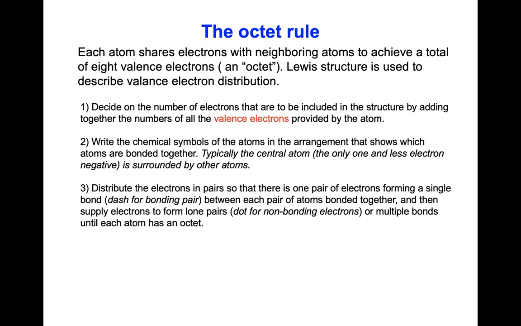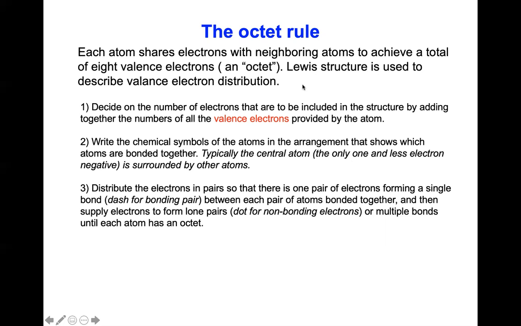They do not form bonds. Then for these electrons, if they are paired, we call them lone pairs, and we use a pair of dots, or even a single dot. Okay, but we use dots to describe the non-bonding electrons. Okay, non-bonding electrons.